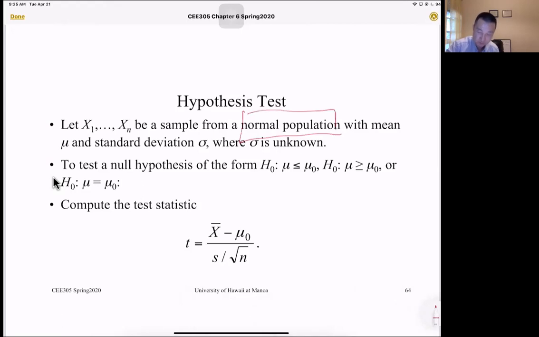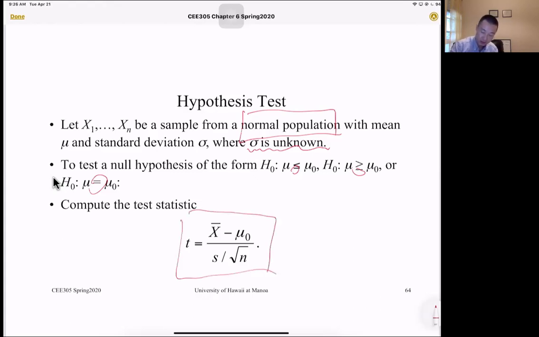And if we do not know sigma, H0 will be set up like this. Again, all equality goes with H0. Depending on how the question is asked, we can set up H0 as mu less than or equal to, or larger than or equal to, mu 0. And we calculate the t value.